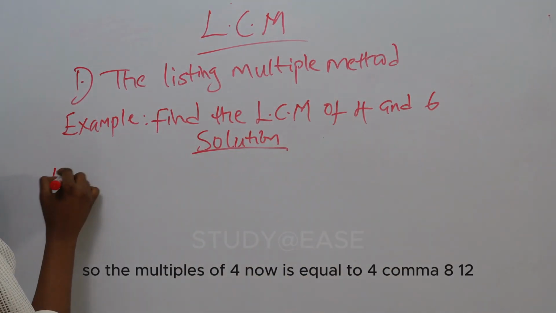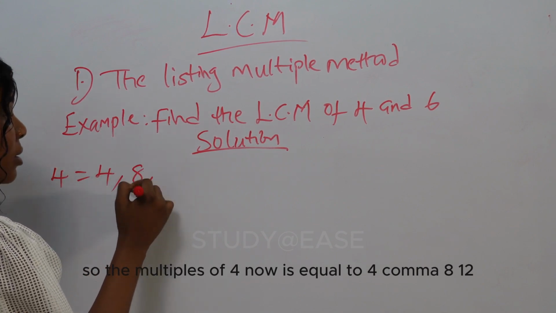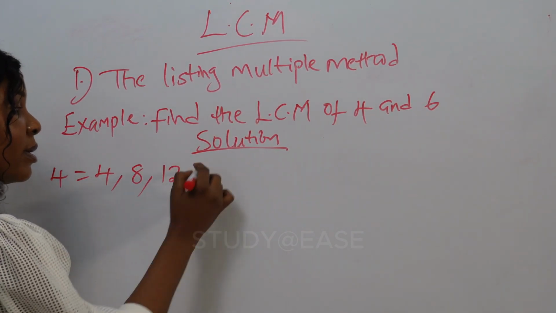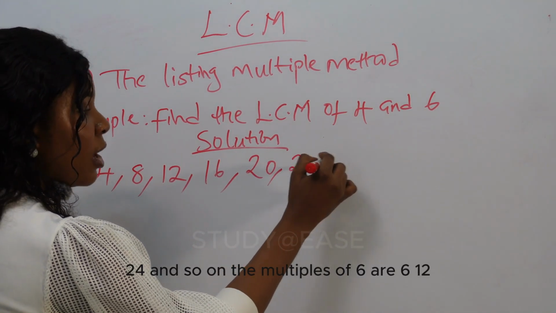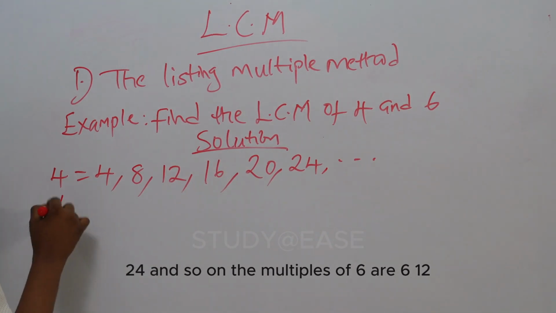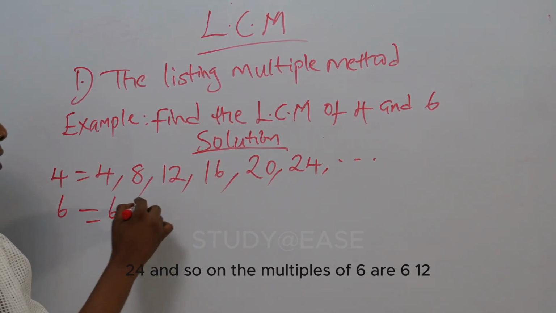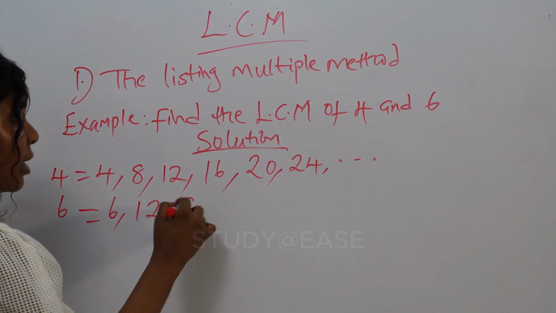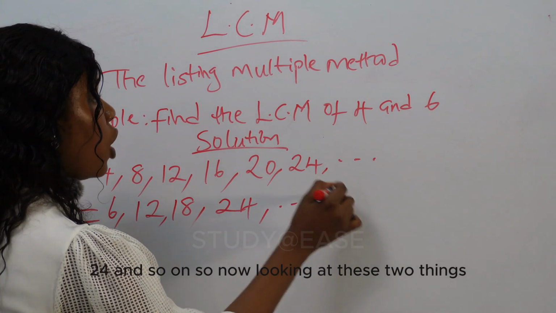The multiples of 4 are 4, 8, 12, 16, 20, 24, and so on. The multiples of 6 are 6, 12, 18, 24, and so on.